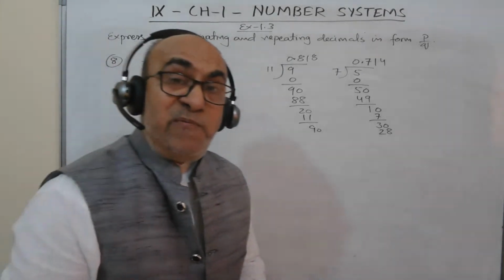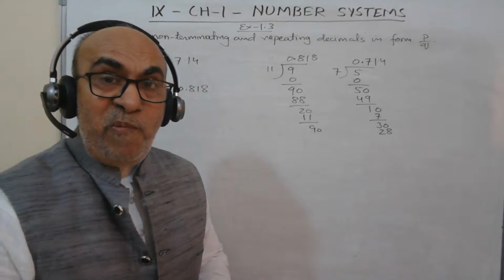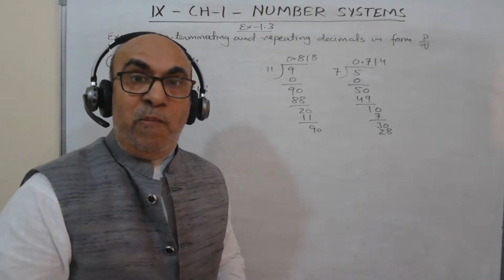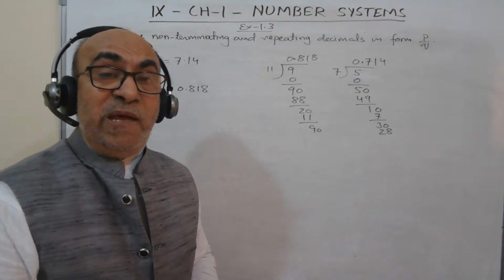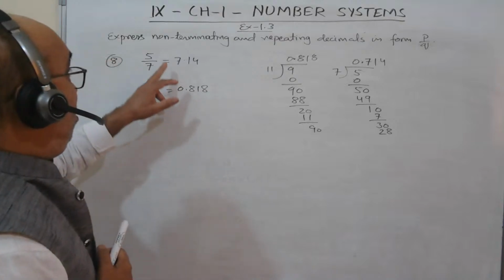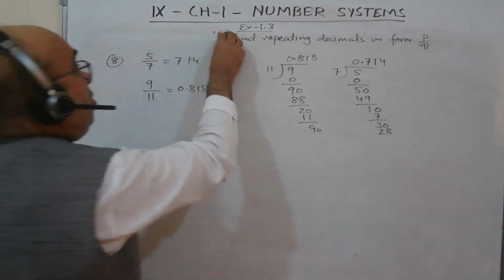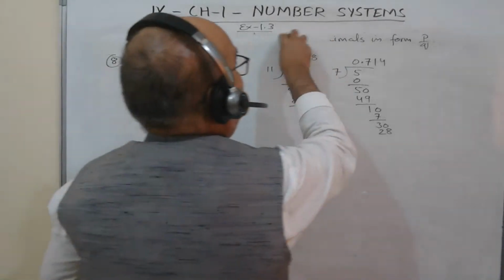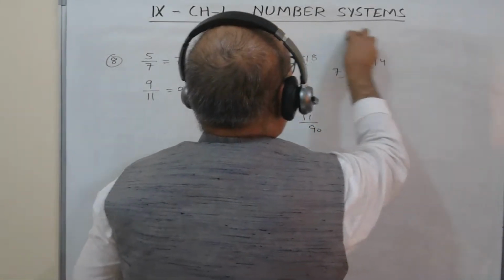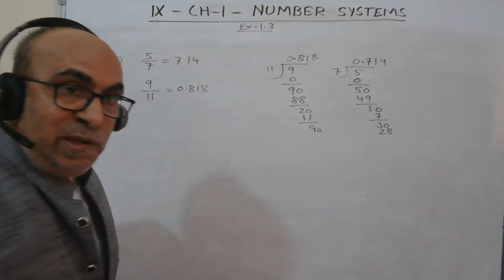So the numbers were given in fractional form. We converted them into decimal form because we know the irrational numbers which we have to write are non-terminating, non-repeating decimals.